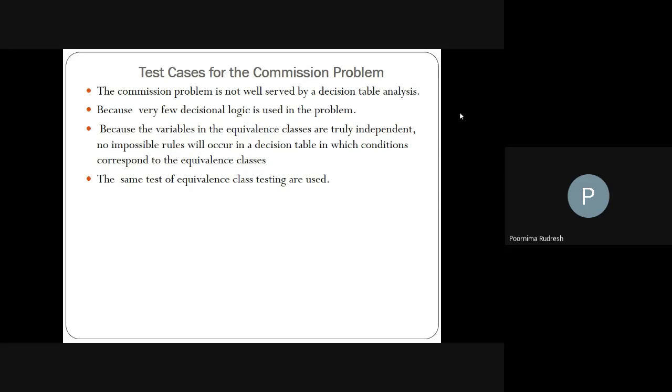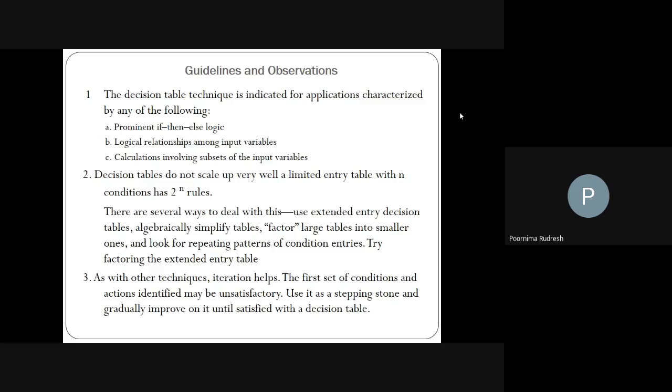So this is about the construction of decision table test cases by using decision tables. Next, we'll see the guidelines and observations in the decision table based testing technique. The decision table technique is indicated for applications characterized by prominent if-then-else logic, or logical relationships among the input variables, or calculations involving subsets of the input variables.